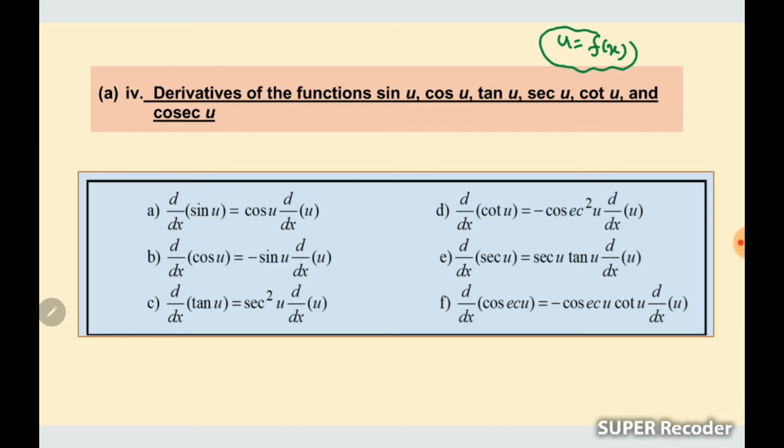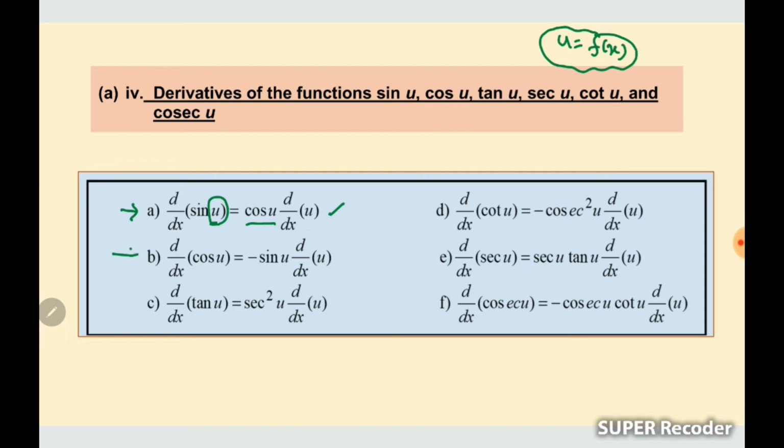Just now we differentiated sine x, the answer is cos x. Now we want to differentiate sine u. When you differentiate sine u, the answer is cos u. Then you need to differentiate u, du dx.